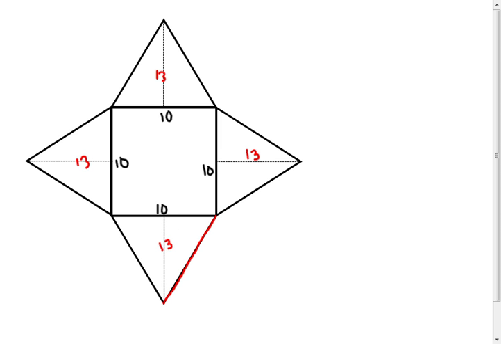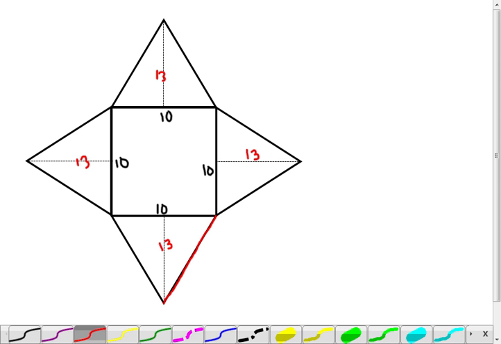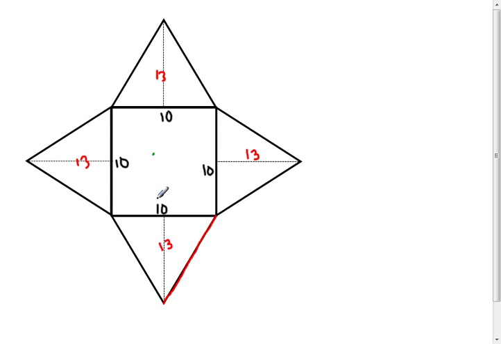Okay, so let's figure out the surface area. We drew the net. I'll do the surface area in green. For this square here, this is 10 by 10, so to find the area we just go 10 times 10, which is 100. For each triangle, we do the base times the height, and then divided by 2.